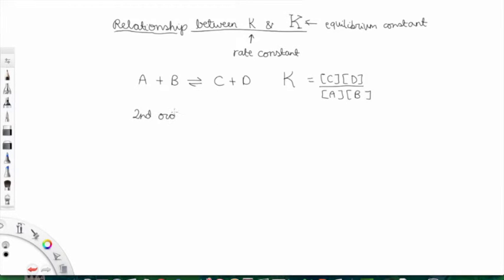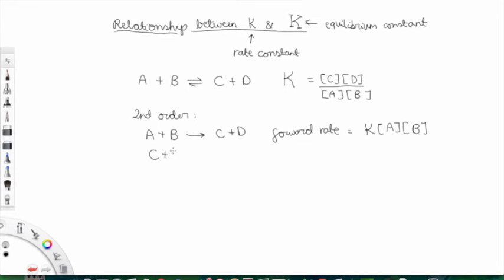And so that means that A plus B goes to C plus D, and the forward rate is equal to k[A][B]. And remember, this is little k, although it's hard to show that this is little and this is big. This is the rate constant.